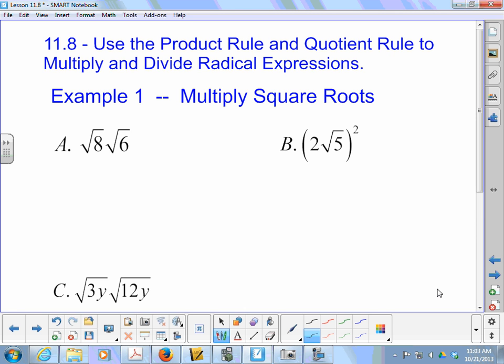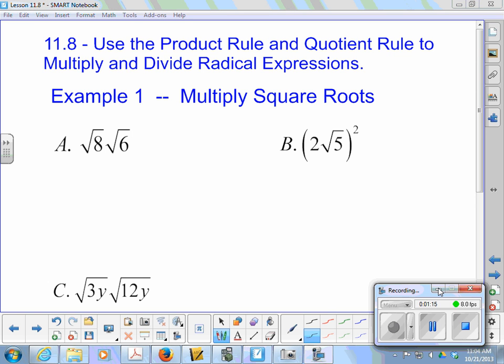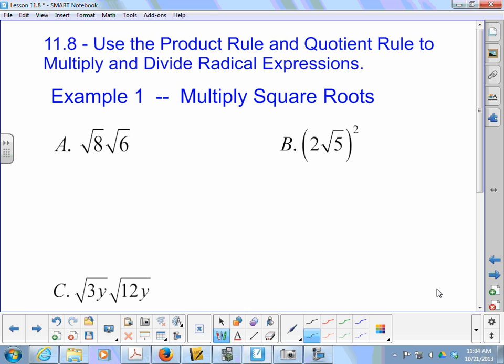And I could simplify the square root of 8, and that would be okay to do. So sometimes you just need to look at it and say, okay, which way am I going to go about it? In this case, yes, I can simplify the square root of 8, but I'm going to have to simplify after I multiply anyways, so it's just going to be better to do the multiplication.